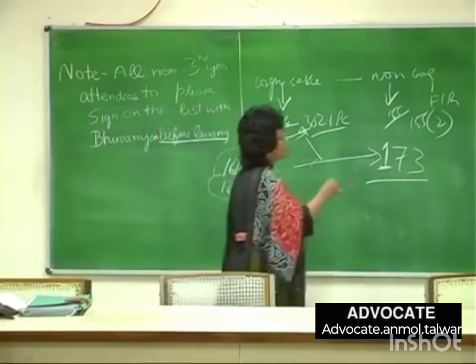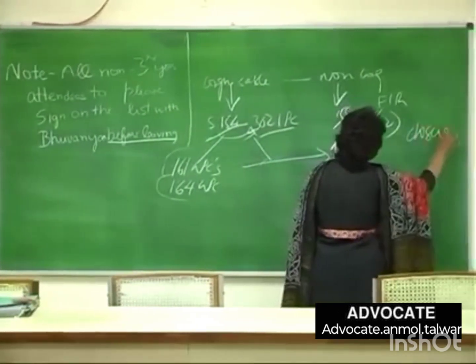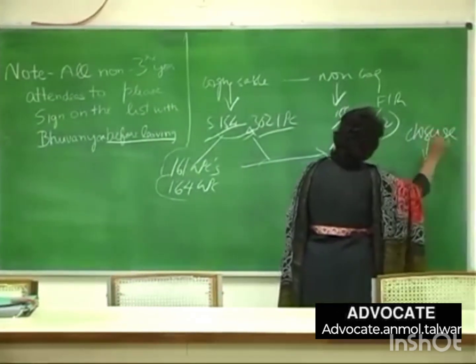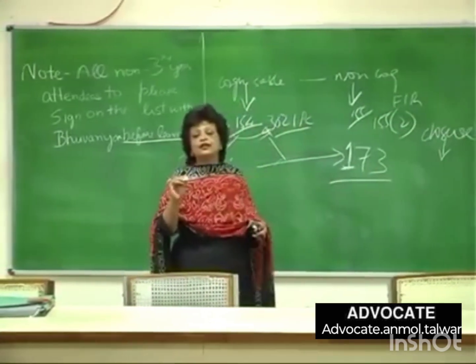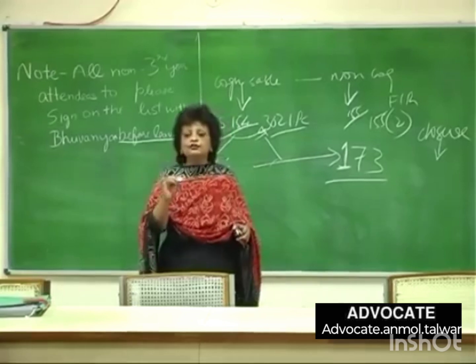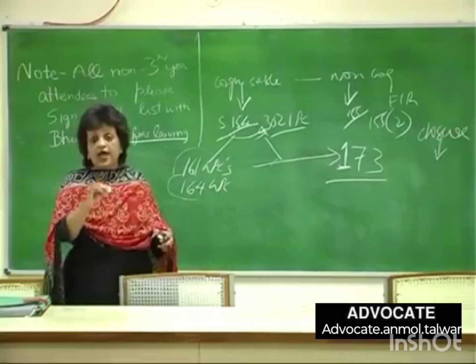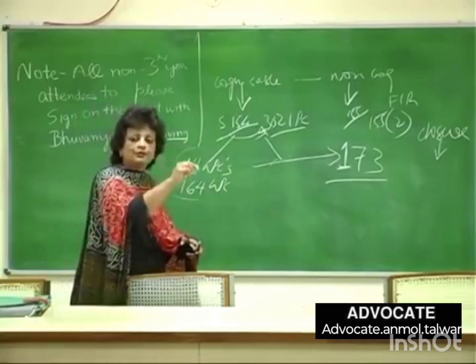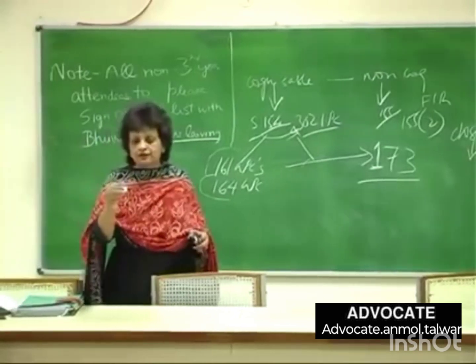I will first take the closure report. In the Indian legal system, a police officer is entitled to investigate a crime. At the end of it, it is the investigating officer's opinion as to whether the crime has been committed by X, Y, or Z, which is of relevance.